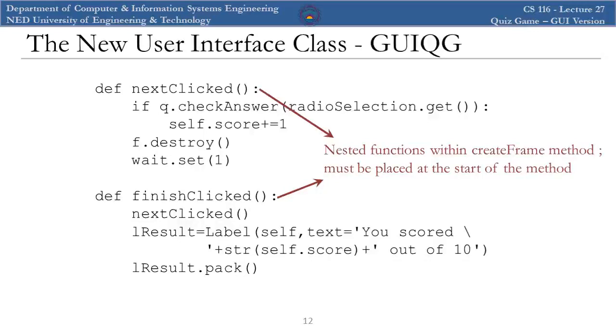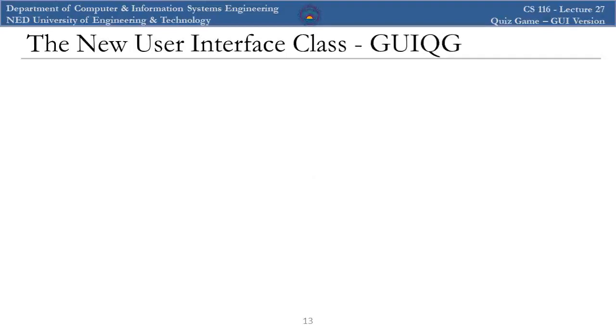That's how functions work. So here I have discussed them in the end, but in the file you will find them in the beginning of that create frame method. Okay, so that's it. That was all.